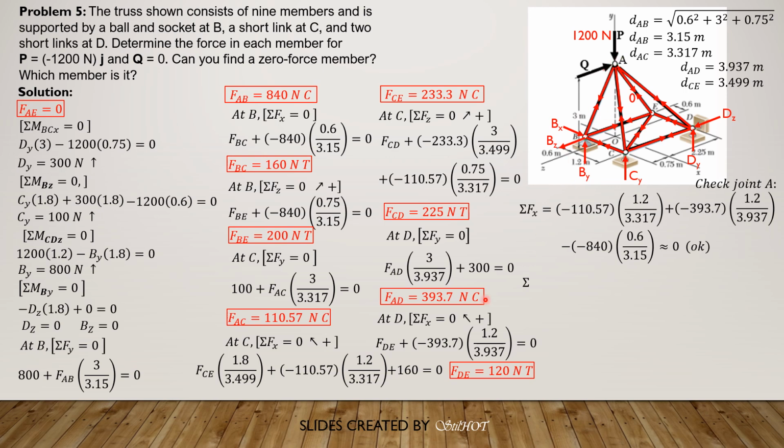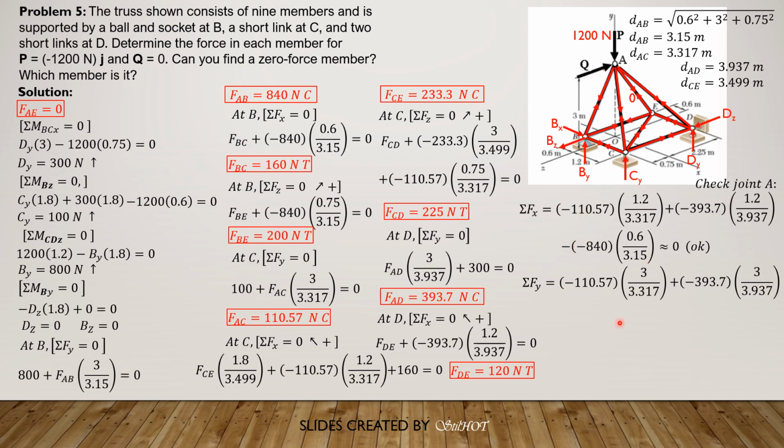FAB is negative, so minus of negative 840 times 0.6 divided by distance of AB 3.15. So let's check if it is 0. This is positive, the two are negative, so almost 0.